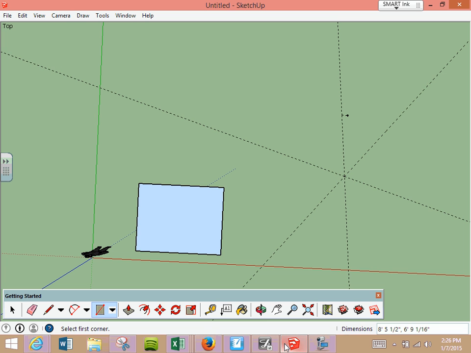So let's find the area of that little rectangle using these measurements at the bottom. Oh, man, what did I do? Okay, so from here to here, that was 6 feet 9 inches, right?